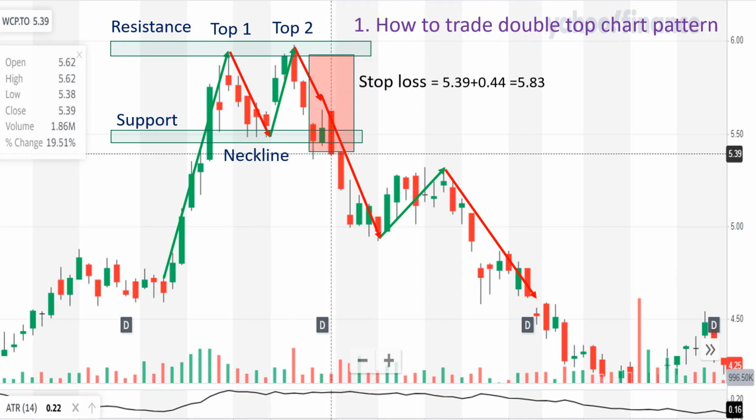So this is going to be your stop loss, and this is your profit target. So this is how you trade double top chart pattern.